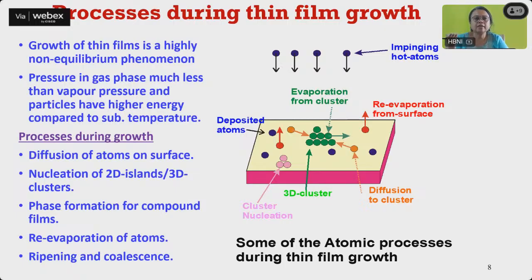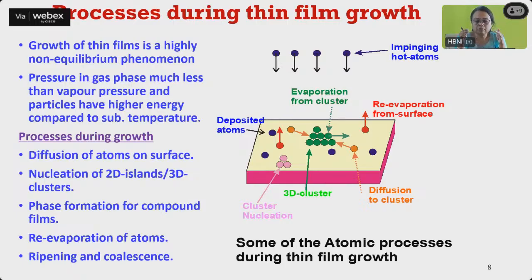If we understand that, then we can understand what parameters we can change to get a good film, a very structured film, or a film for a given application. Some applications require the film to be single crystalline and very smooth. But in some applications you require voids or a structured film with very small grains and more surface area, so that you can absorb material, or for catalysis.